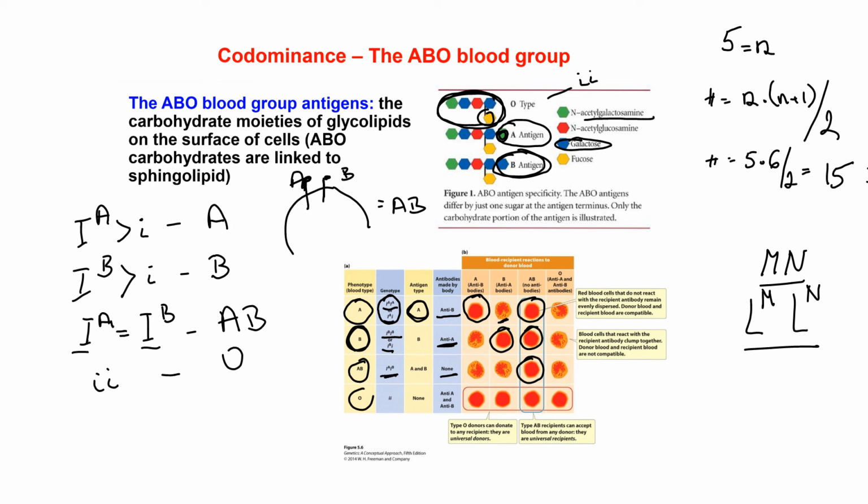Now, blood group O does not possess any of those terminal antigens, neither acetylgalactosamine nor galactose, so it does not have any antigen. So basically, both antigen A and B are recognized as foreign, and a person with blood group O would form antibodies against both of them.